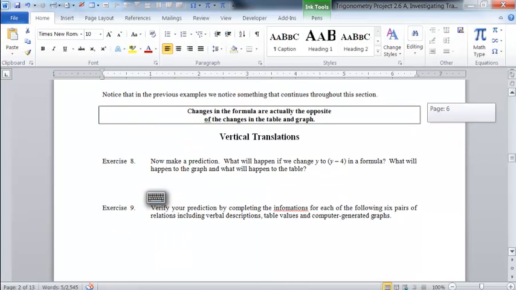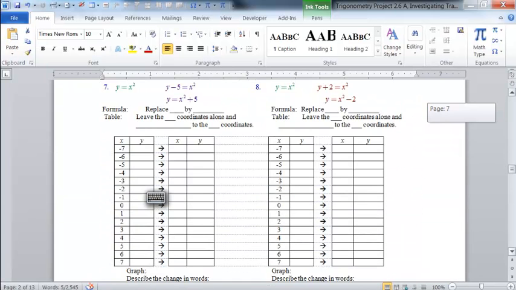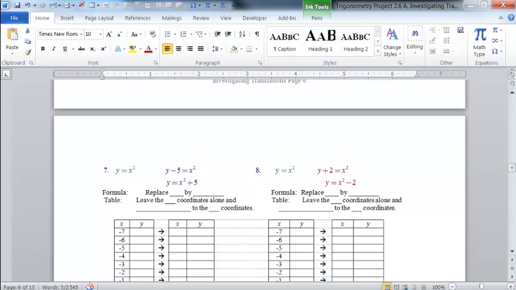And of course, what's going to happen if you do it on the y? If you see it this way, now this bottom one here, y equals x squared plus 5, maybe it's not clear whether we changed x or y. But we rewrite this in equivalent form, y minus 5 equals x squared. We can see that we've replaced y by y minus 5. If we think of it that way, then the formula is again backwards.